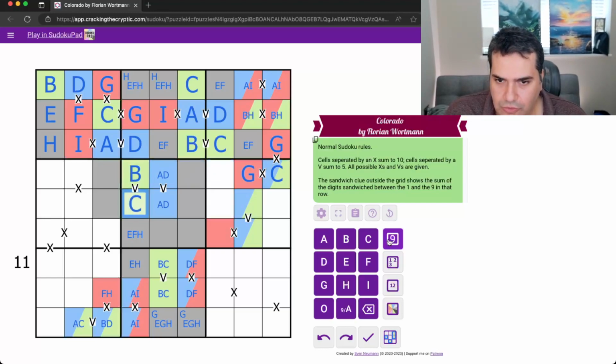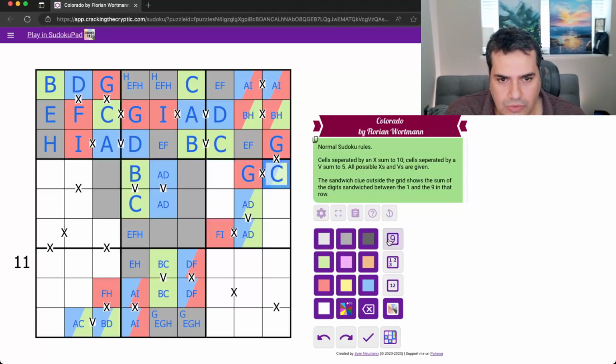Well, let's just quickly finish these. This is an AD pair paired with an F or an I here. And let's just quickly correct colors. It's not A anymore.